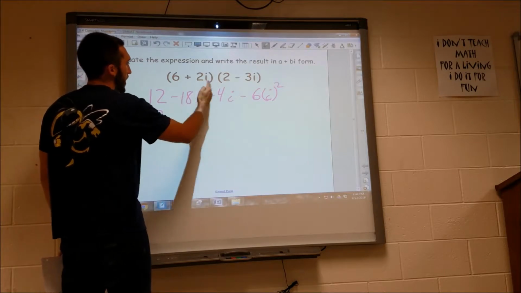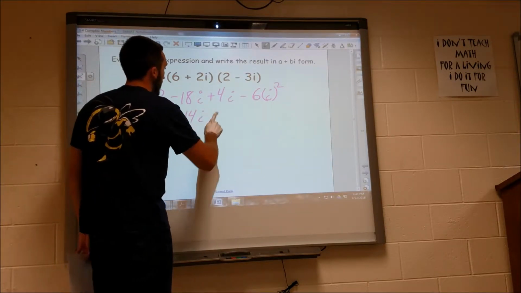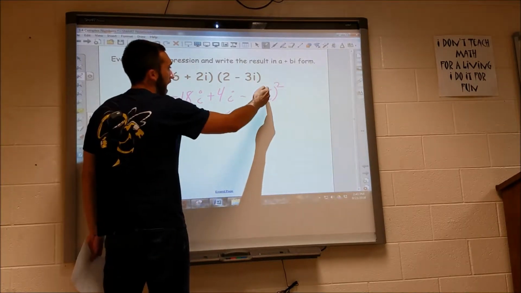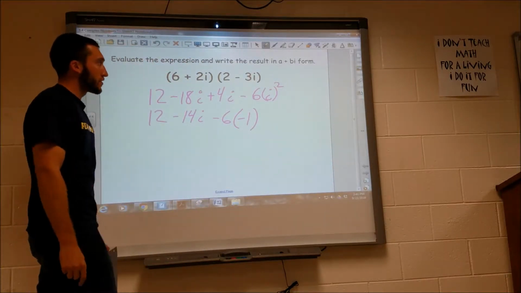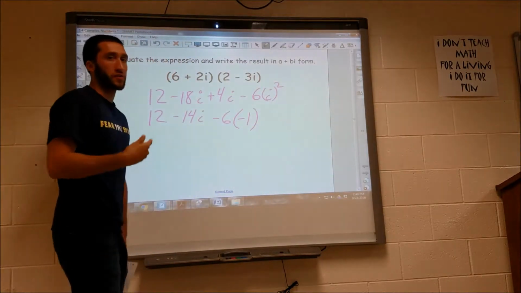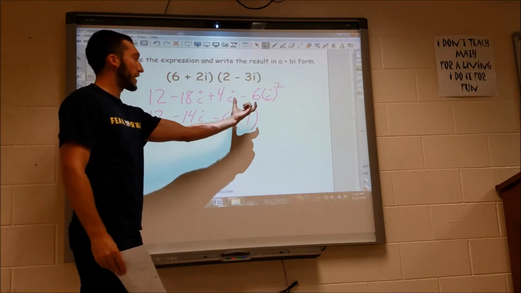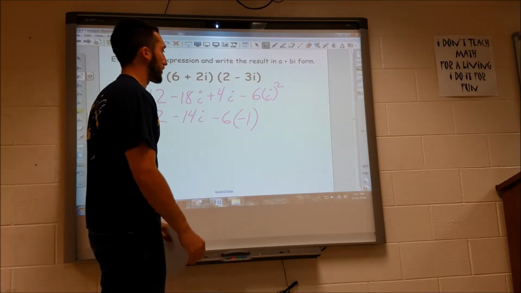12, and then a negative 18i and a positive 4i gives me a negative 14i. And then this was a negative 6, but the i squared turned into a negative 1. So whenever our i's are squared, or to the 4th, or to the 6th, they're always going to come out with negative 1, or different multiplicities of negative 1.